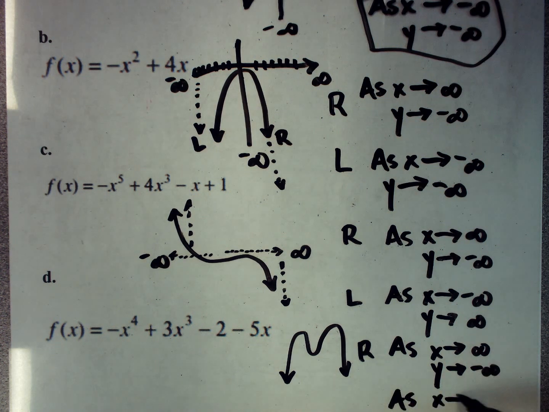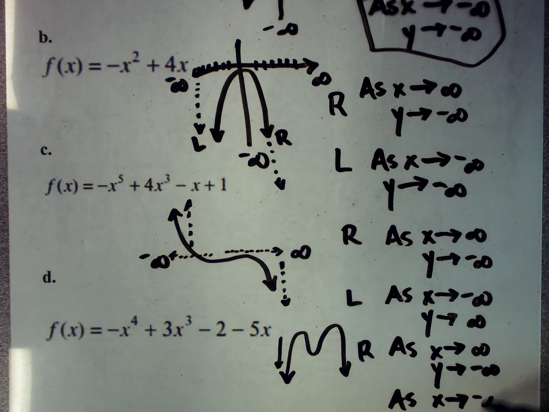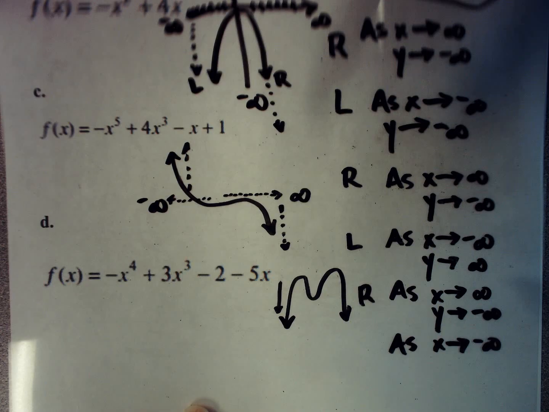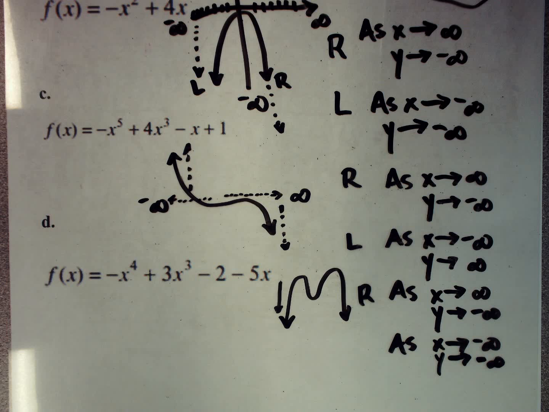As x approaches negative infinity, the y values are also going down towards negative infinity. Okay? So you'll have to do end behavior based on an equation, which you don't have to graph if you know what it's going to look like. You don't have to graph those. Just maybe sketch a visual if you want.